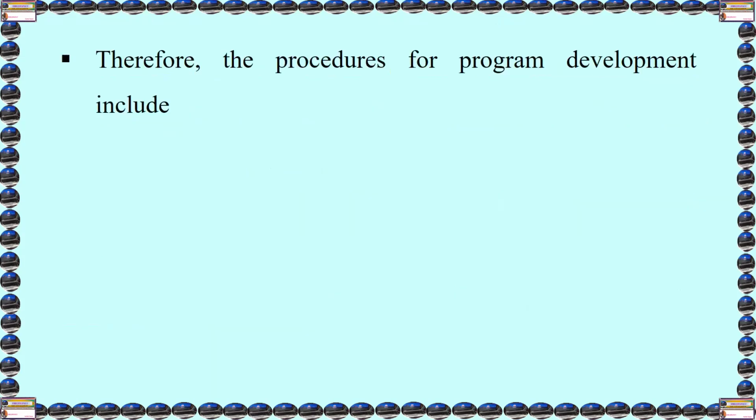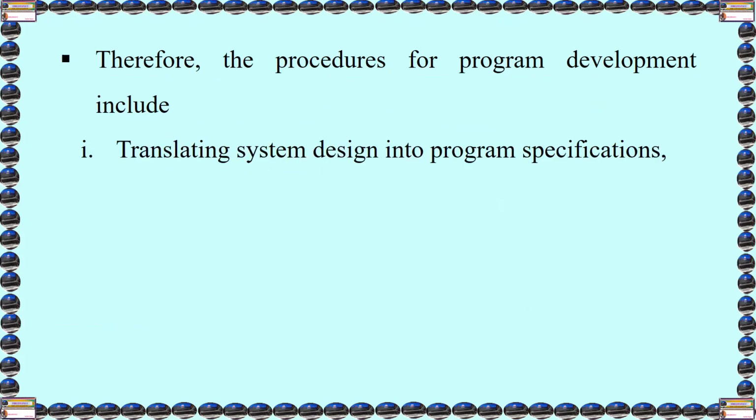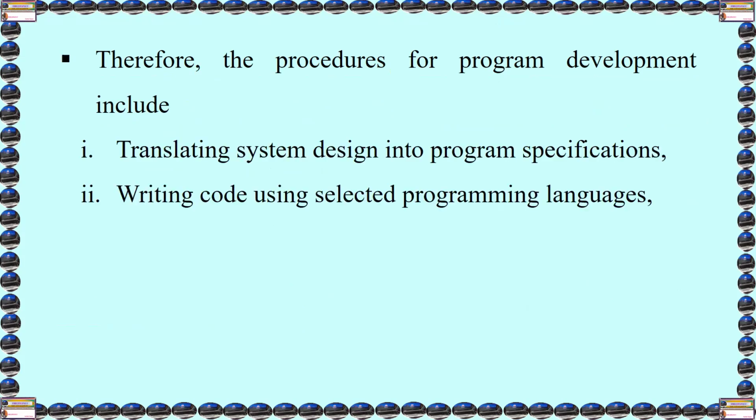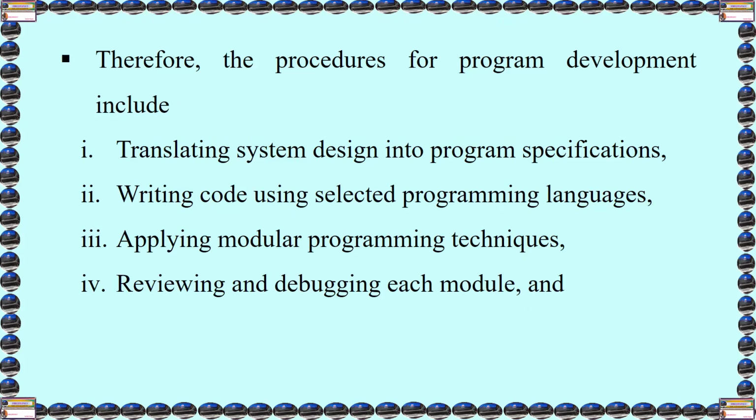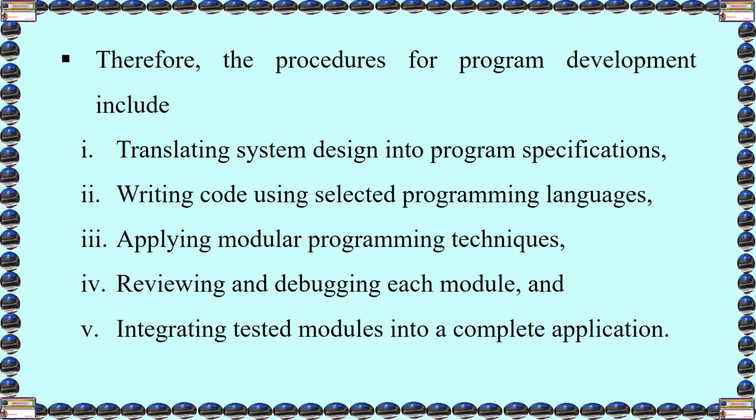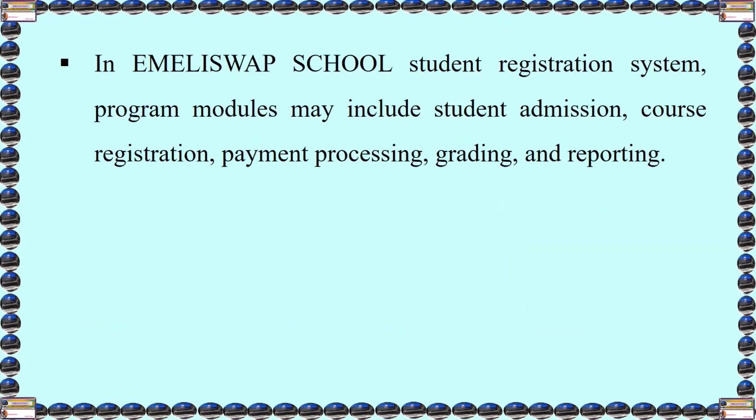Therefore, the procedures for program development include translating system design into program specifications, writing code using selected programming languages, applying modular programming techniques, reviewing and debugging each module, and integrating the tested modules into a complete application.